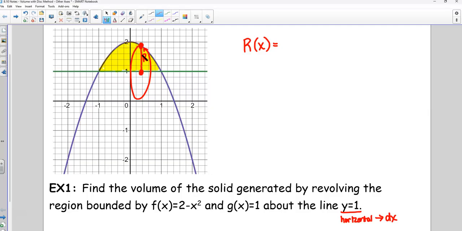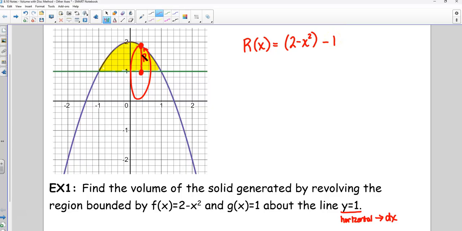So every time the bottom of the line or the left side of the line was always 0. But it's not going to be today, okay? So the top of this line hits the parabola, which is my 2 minus x squared. So I'm going to have 2 minus x squared here. But what happens at the bottom of the line? What do we hit here? Just 1.